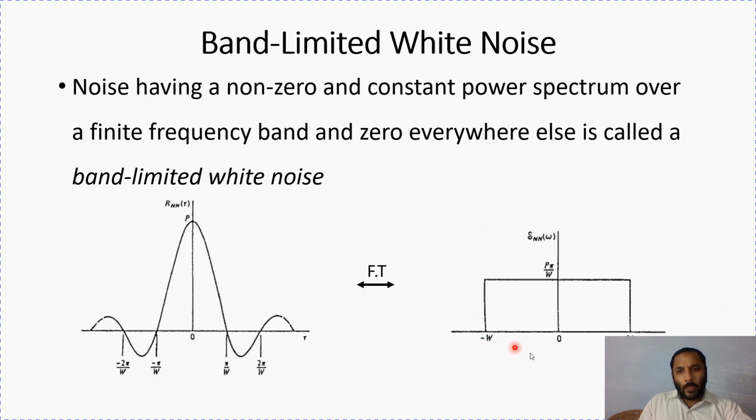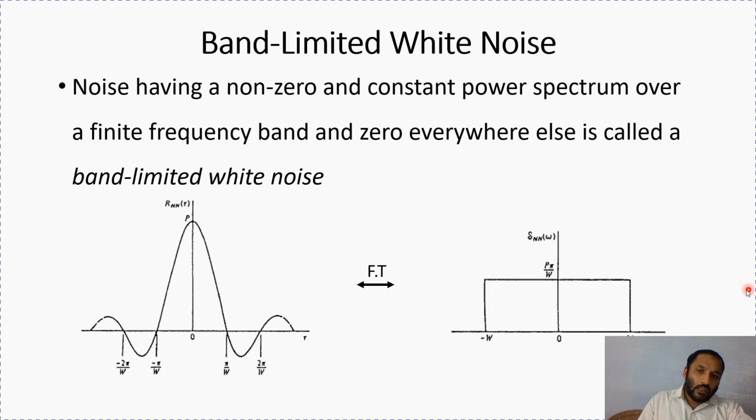This is the commonly called gate function or the rectangular function. This function has a non-zero value in the interval minus W to plus W of the frequency axis, and everywhere else outside this frequency band it is 0. Such a noise is called a band limited white noise.